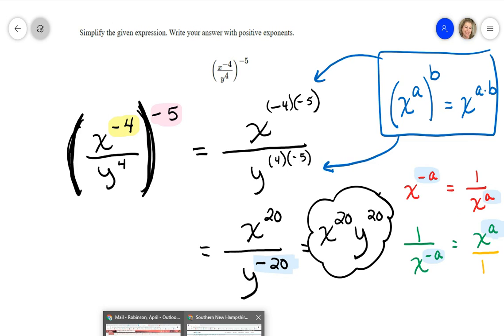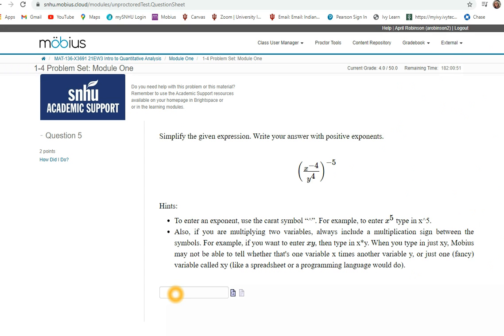If I go back to Mobius, they've got all this stuff about to enter an exponent, use the caret symbol, blah, blah, blah. Sometimes they give me the option for the sigma thing, and it's not on this one. It's very frustrating.